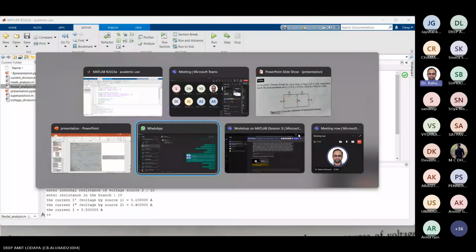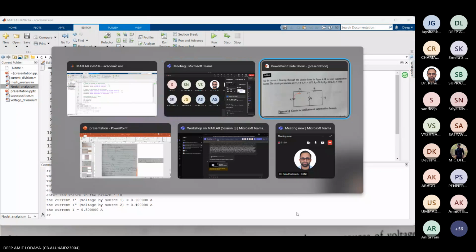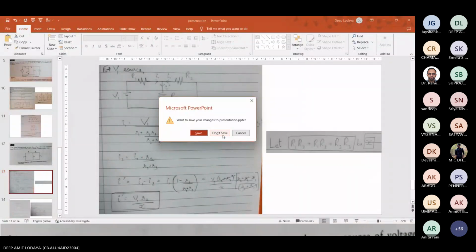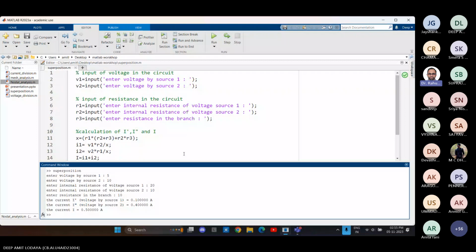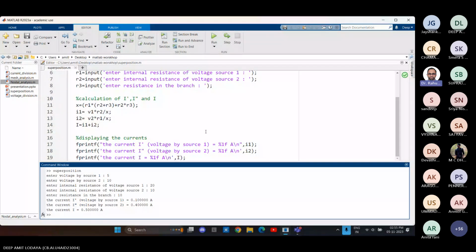Participants, just try the coding from your side. What Deep conveyed about the branch currents and the codings, how it can be estimated, and how the resultant current can be formulated.